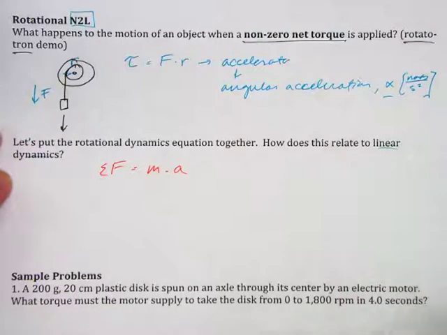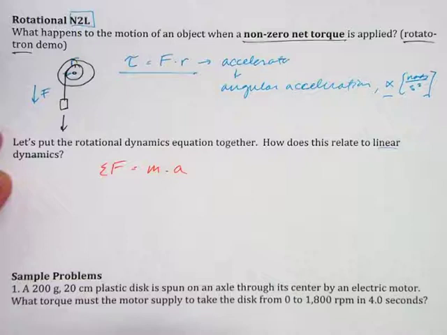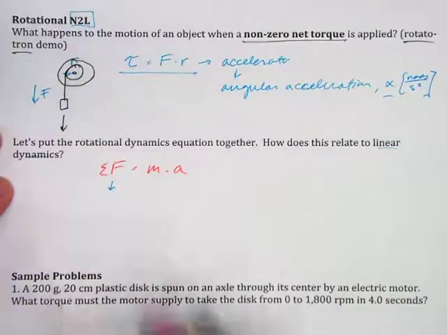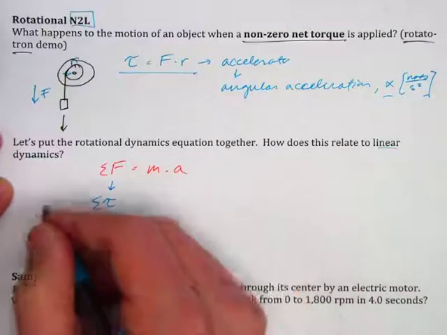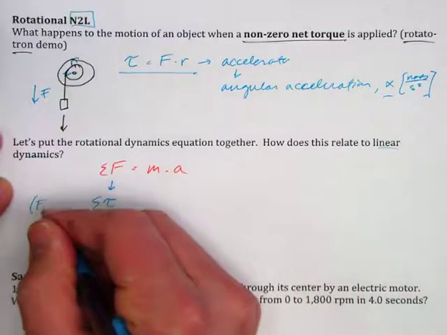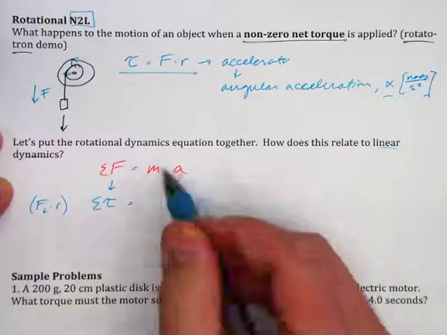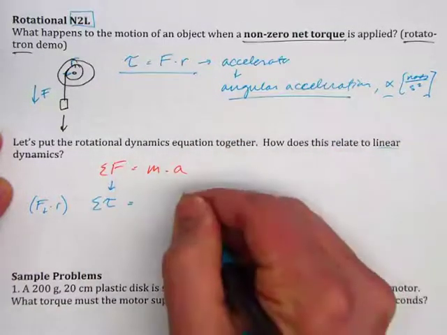Now, if we look at this from an angular point of view, we have a similar structure: a net torque, which is the sum of all the F perpendicular times R's about some point of rotation, will cause an angular acceleration alpha.